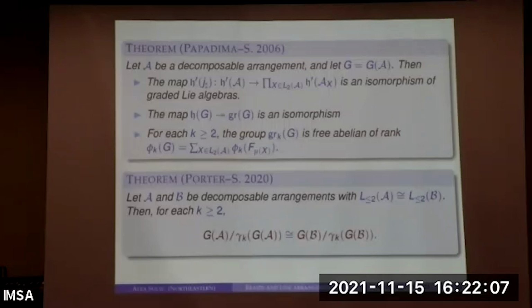So that's the total opposite of what happens typically, right? Of course, those arrangements are not decomposable. But don't think that these decomposable arrangements are trivial, and the groups are not products of free groups. They can have all sorts of complications in themselves.